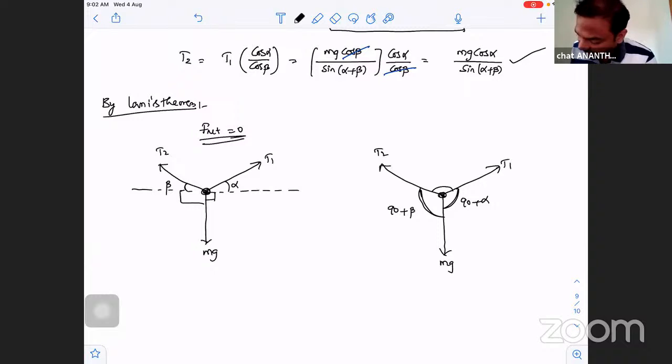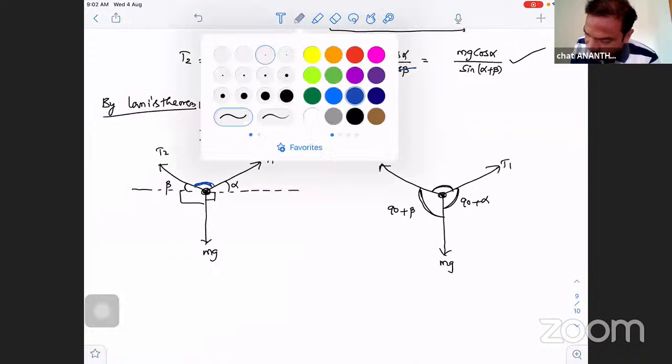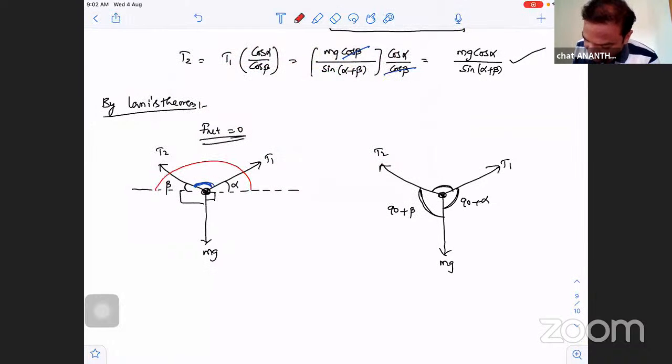So what is the remaining angle? What is this angle? I can say that the entire angle is 180. The total angle is 180. Then this angle I can write down as 180 minus alpha plus beta.